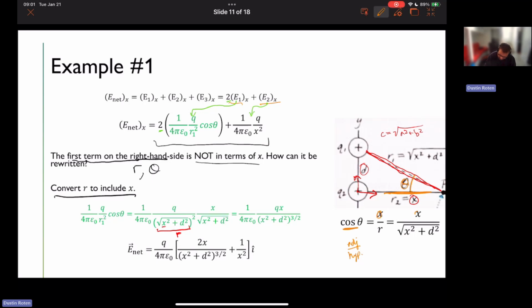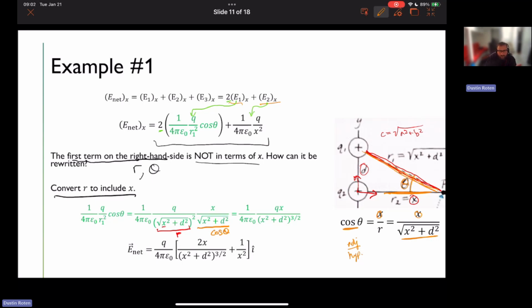And then the hypotenuse, which we just used, is r, but we can also rewrite it as the square root of x squared plus d squared. So that is now our hypotenuse. So we can rewrite cosine of theta as x over the square root of x squared plus d squared. Here's our cosine theta term. We've literally just used trig on both of these to rewrite it and get an x in there.